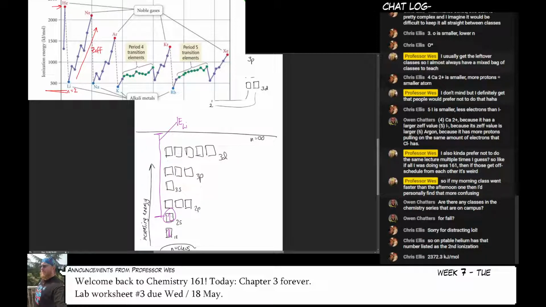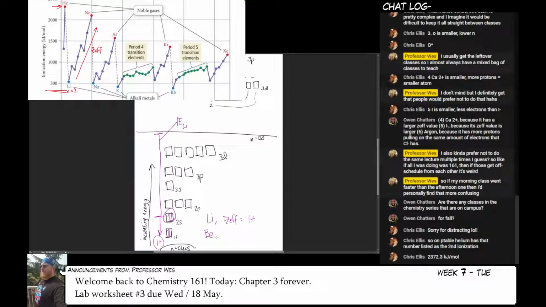Now, what about for beryllium? If I add an extra electron, what's pulling beryllium closer to the nucleus? Well, for lithium, Z effective is 1 plus. So I have a 1 plus pulling the electron away from my ionization energy effort.